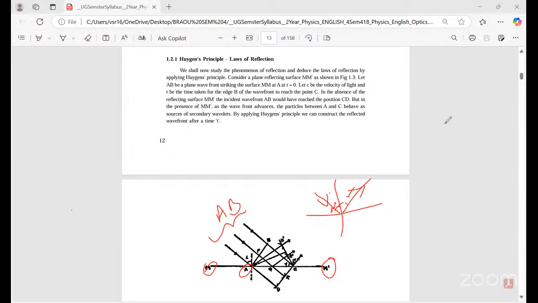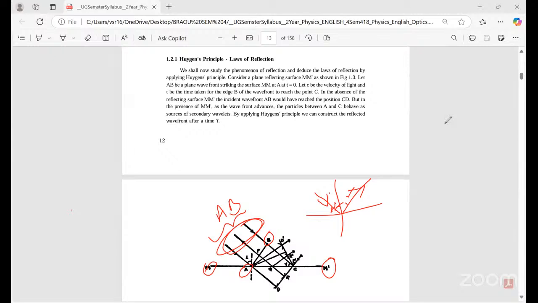Let c be the velocity of light. At time t, for the edge B of the wavefront, this is A and this is B, to reach the point C. In the absence of the reflecting surface MM dash, the incident wavefront AB, incident on the smooth surface, immediately reflection is going to take place.